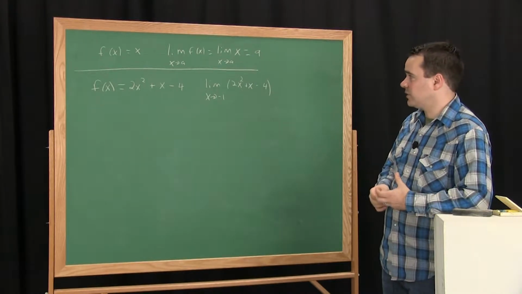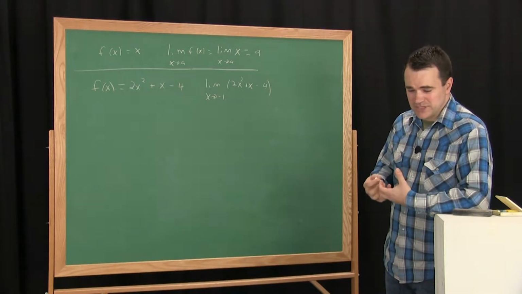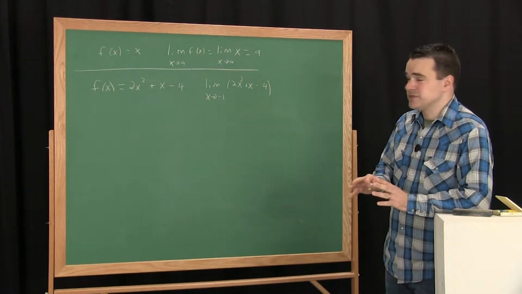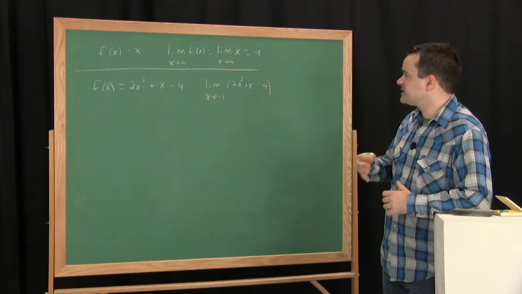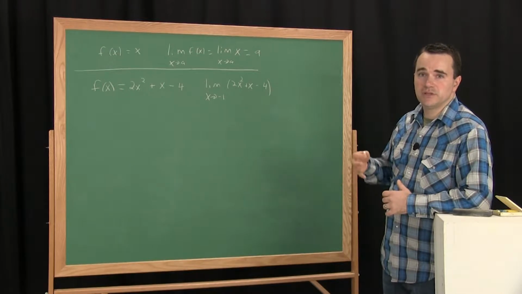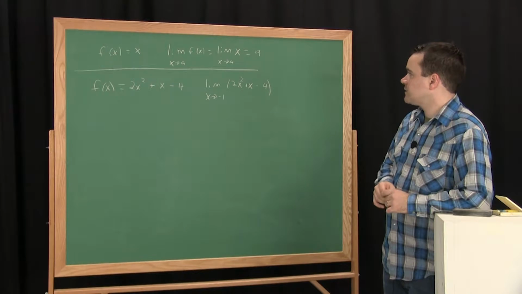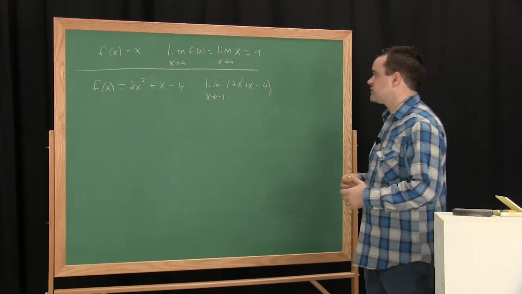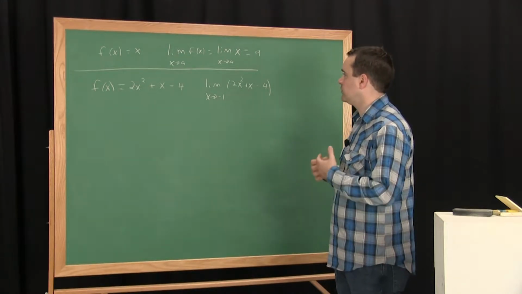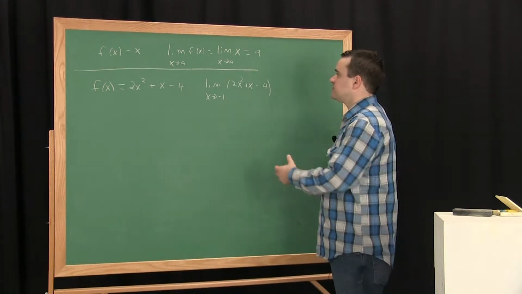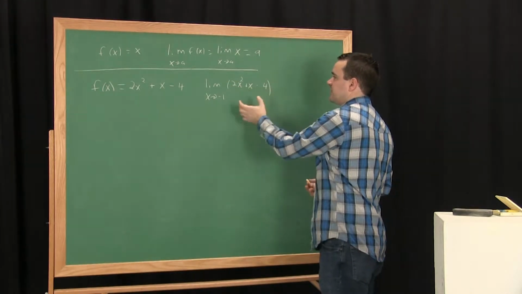But why does that work? In a typical calculus class, you'll see problems like use the limit laws to figure out such and such limit. So let's see how to break this down using the limit laws and find the answer. The only things we've got at our disposal are basically the product rule, the sum rule, and the constant multiple rule. So I look for two things that are added together, like 2x squared plus x minus 4.